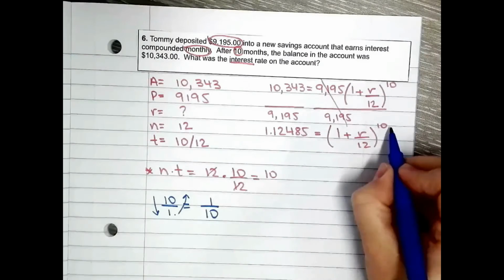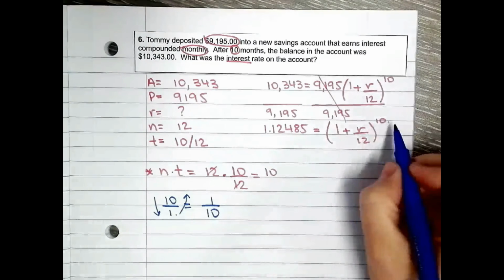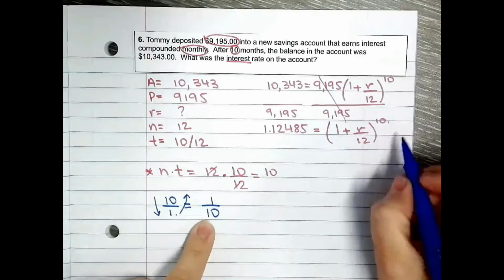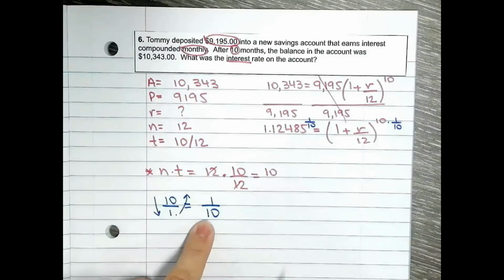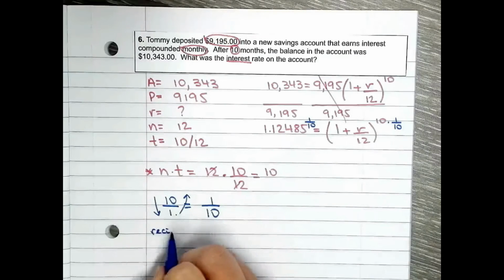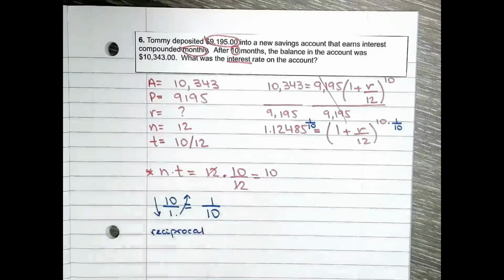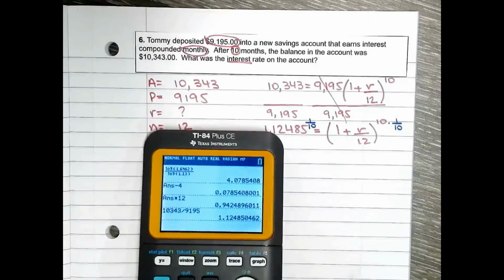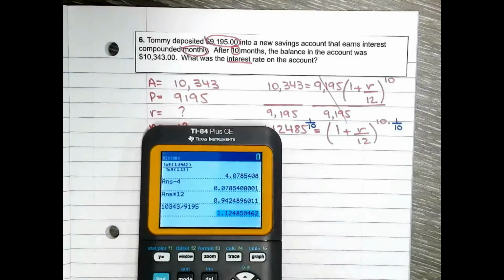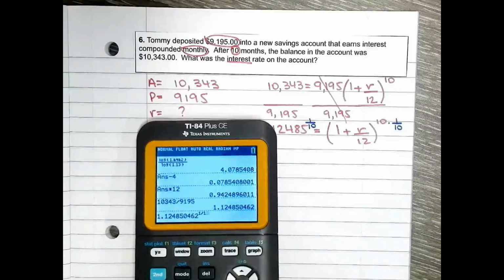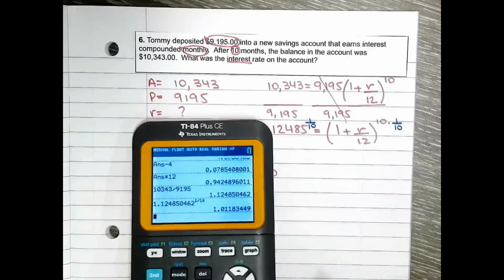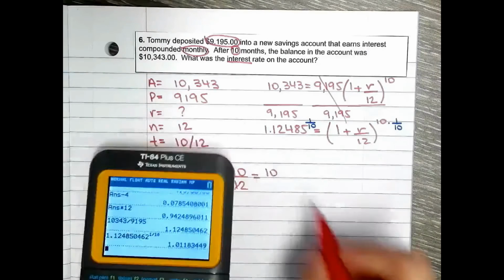So you will raise both sides to the reciprocal of that power right there. So 1 over 10, 1 over 10. Reciprocal. Okay, we're getting somewhere here. So now raise this guy to the power of 1 over 10. It didn't change much, but it did somewhat.